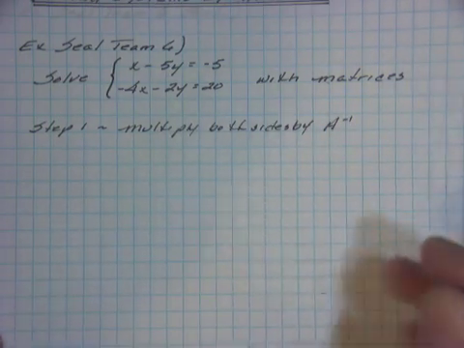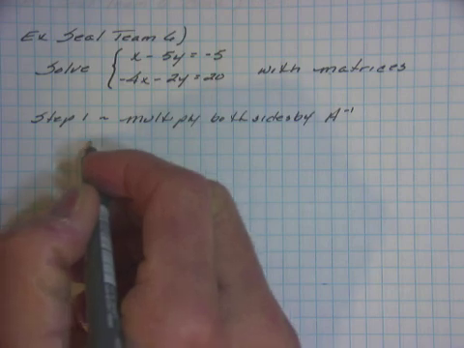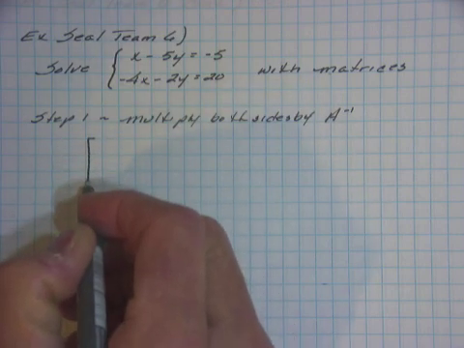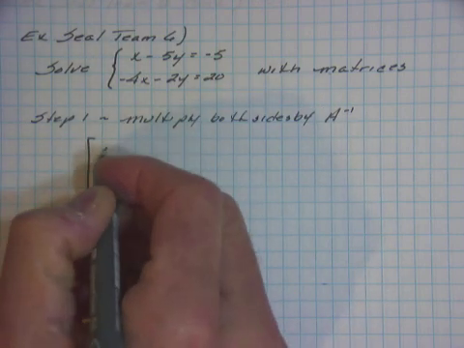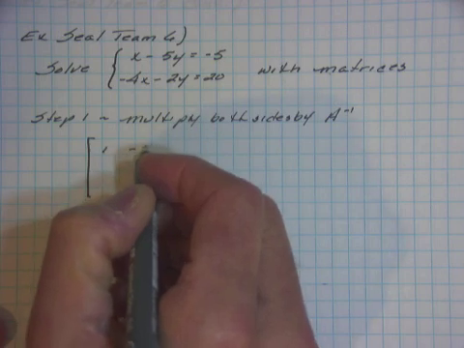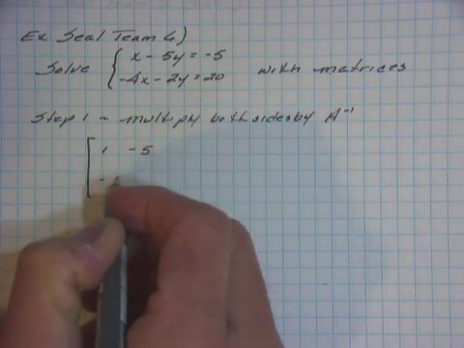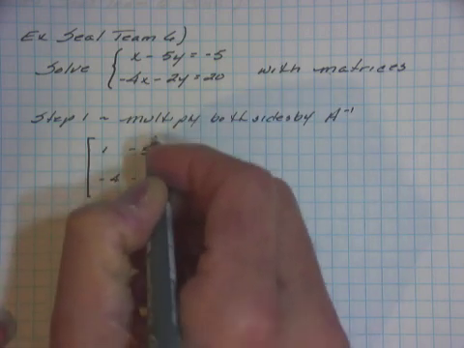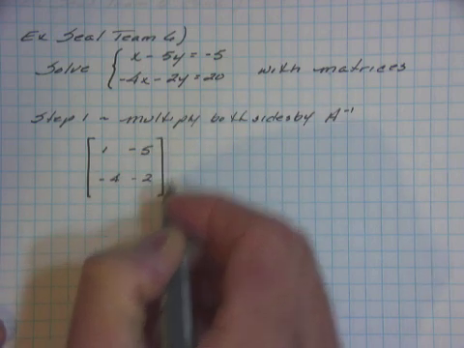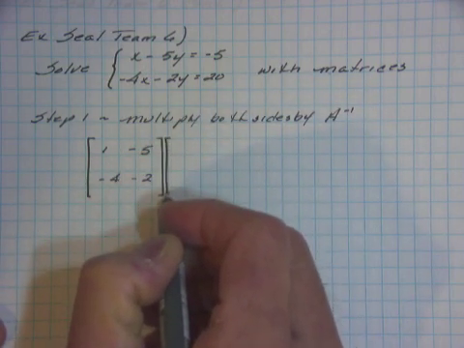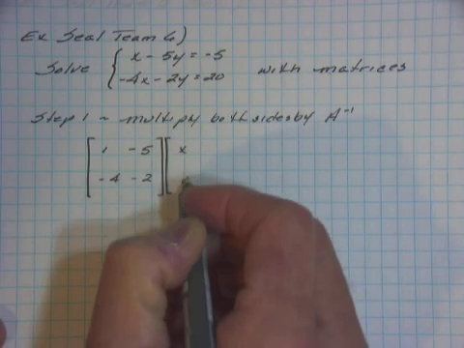Well, I guess to do that, we need to actually put this into matrix form. So we have the coefficient matrix. We have the variable matrix.